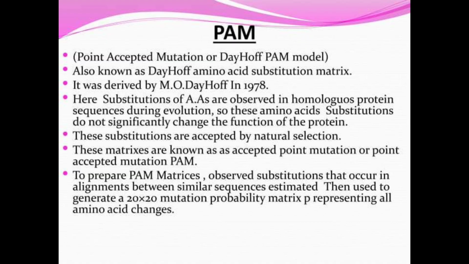They are accepted naturally and selected during the course of evolution, according to Darwin's theory. These matrices are known as point accepted mutations. So in order to prepare the PAM matrix, we require a 20 by 20 mutation probability matrix.